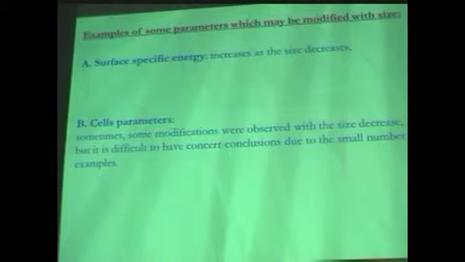I would like to show you some examples of parameters which may be modified by this size. The first parameter is surface specific energy. It is evident that the specific energy of surface will increase as the size decreases. But for the second parameter, the cell parameters, the influence of the size is not evident.